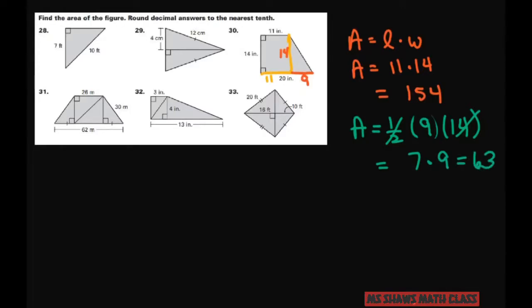Now we add the areas up. So area equals 154 plus 63, which is going to give you 217, and that's going to be square inches.